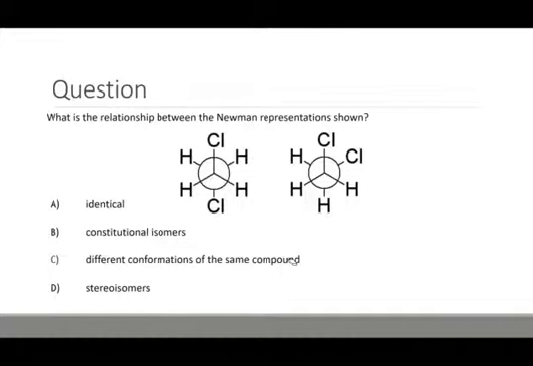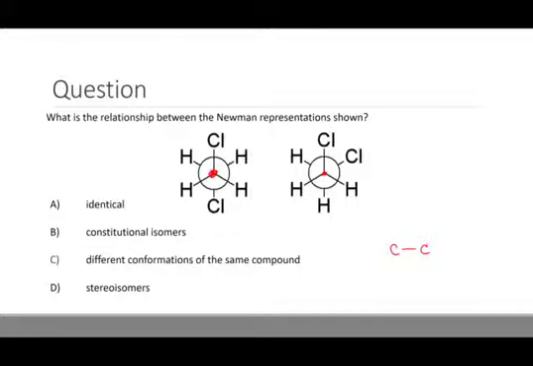Or are they stereoisomers? So here, if we look at this Newman projection, let's think about what this means. Remember that if we're looking down the center here, if we want to turn it to the side, that means that there is a carbon-carbon bond.